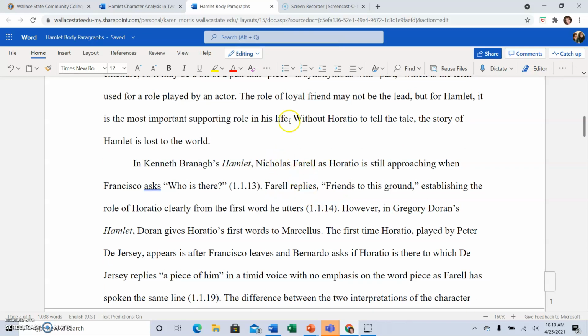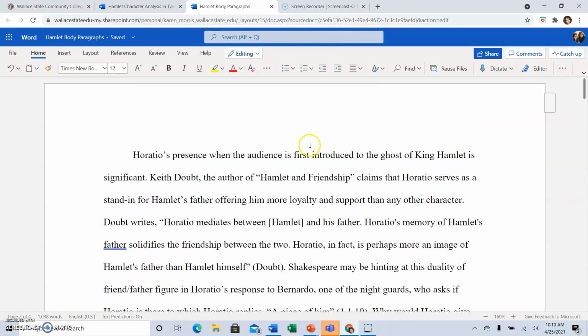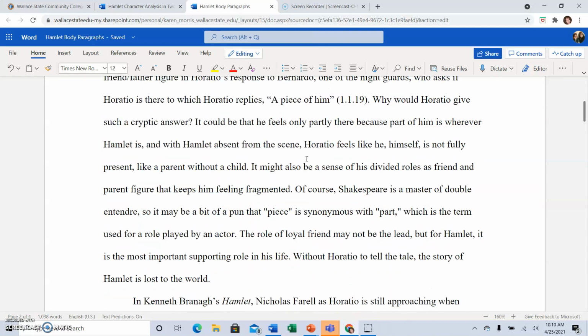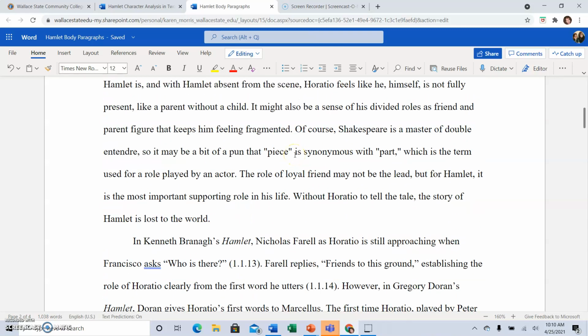So here we see an example of that. I needed a new paragraph to talk about the films because if I didn't start a new paragraph, I would have a huge paragraph and I need at least one paragraph break per page. That's the goal. So in college level writing, 1 or 2 paragraph breaks per page.